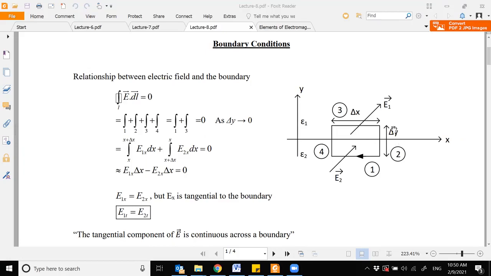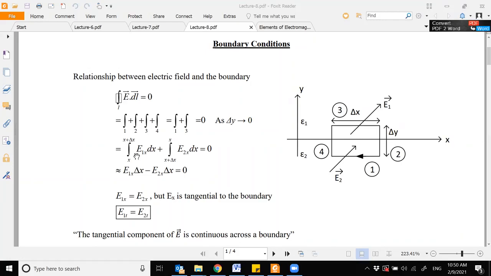So as delta y tends to 0, which line integrals become 0? Your 2 and your 4, because the height is almost going to 0. So your 2 and 4 will become 0 as delta y tends to 0. So only 1 and 3 are left.